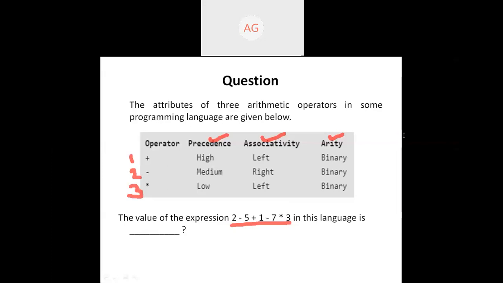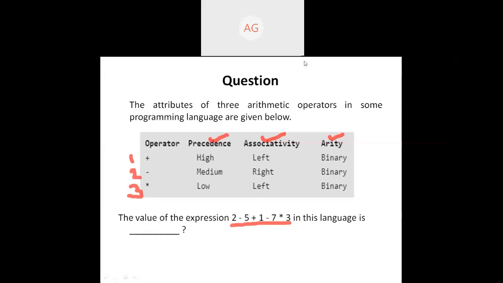Okay, one answer is given by Komal Soni. Her answer is 9. Others need to try also. Okay, three answers are given by the students.